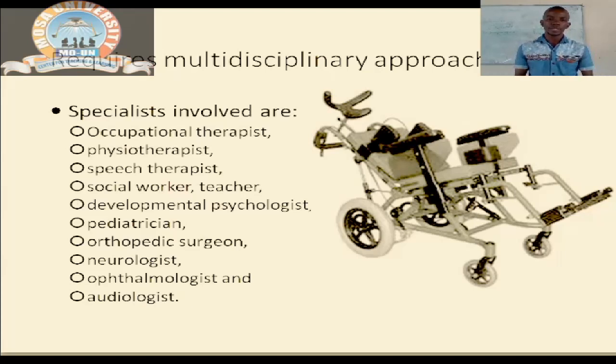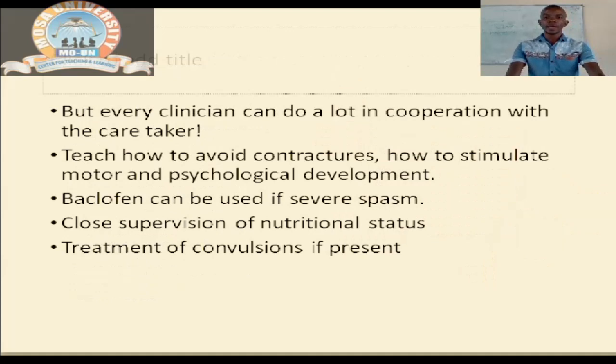These teams are supposed to come together in order to achieve the best for our patient. Cerebral palsy is not curable, but it is treatable by means of this multidisciplinary approach. Every clinician can do a lot in cooperation with the caretaker. So the caretaker also has an important role in helping to manage cerebral palsy.